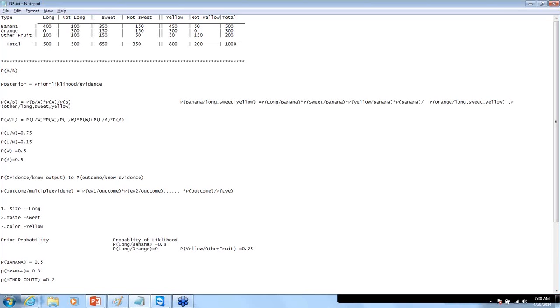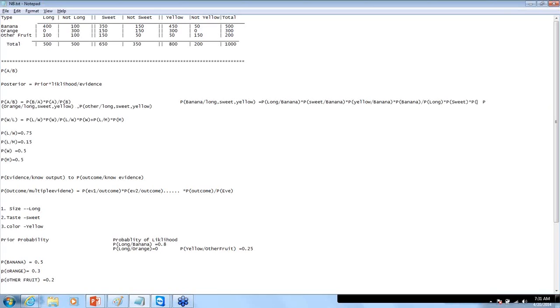The whole thing is divided by the probability of the evidence, meaning probability of long multiplied by probability of sweet multiplied by probability of yellow. I will just write the whole thing here. We know all these probabilities already in advance based on our data set, so it's just a matter of calculation.